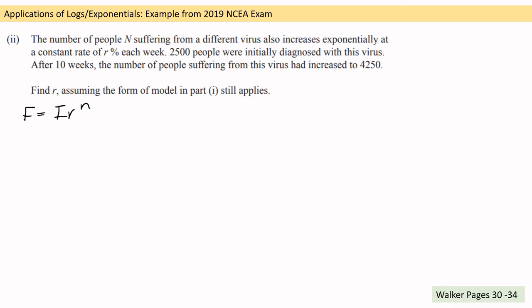Right, going back to the information given to us, we've got a final amount here of 4,250. We have our initial amount of 2,500. Okay, rate of change, we don't know. And N was 10 weeks. So we can set up our equation.